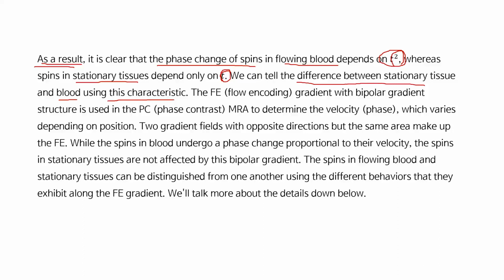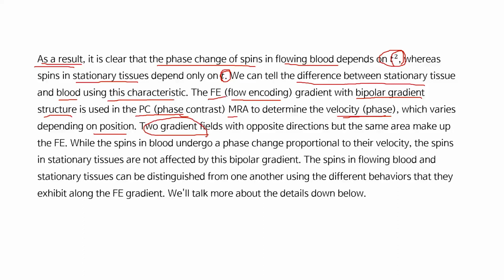The FE, flow encoding gradient with bipolar gradient structure, is used in PC, phase contrast MRA, to determine the velocity of the blood flow, which varies depending on position. We will discuss this flow encoding gradient later in detail.